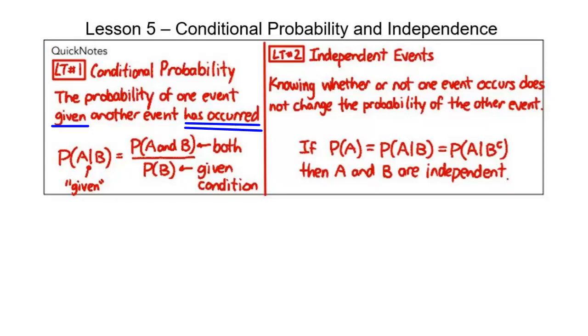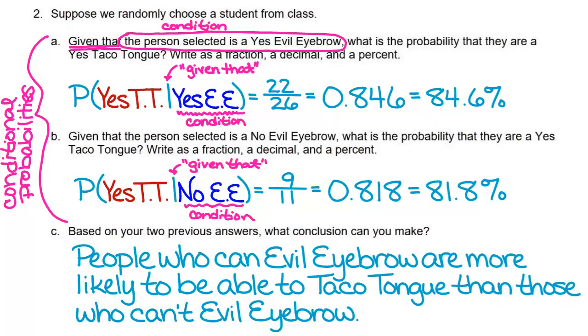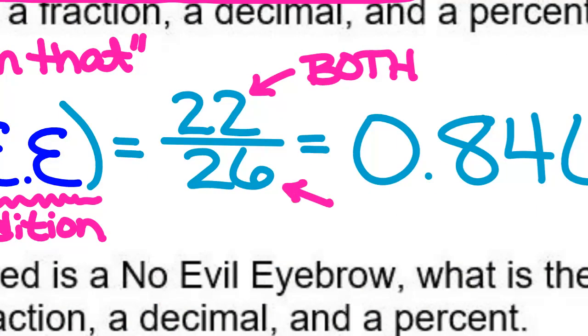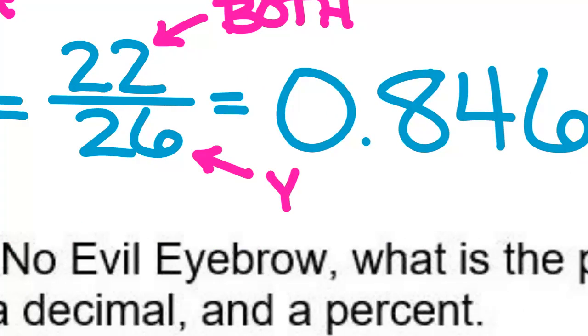So if you look all the way back at the front side, this number right here is both. This number right here was just my yes to evil eye.